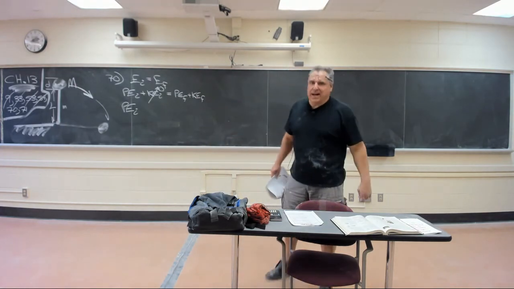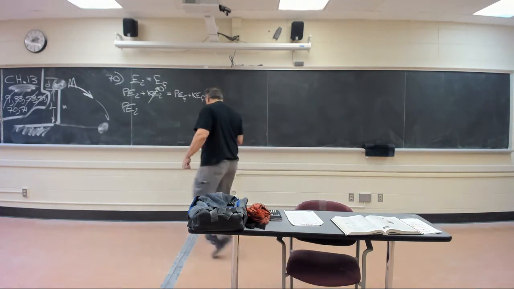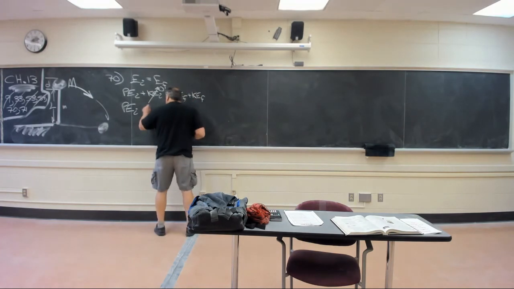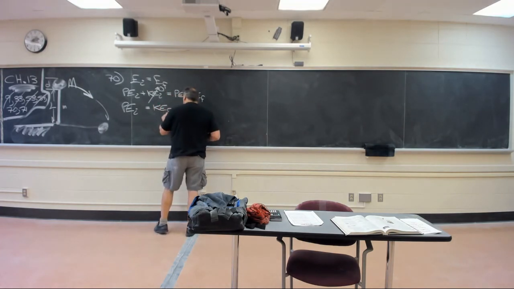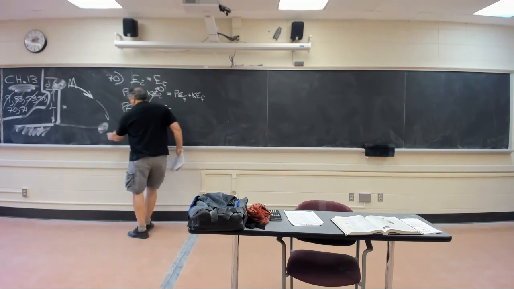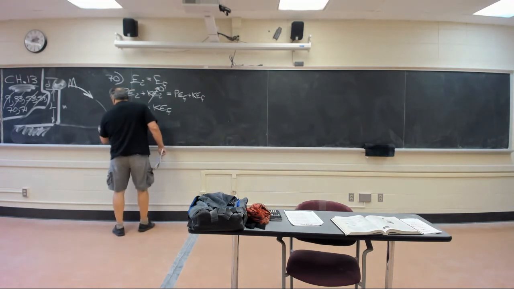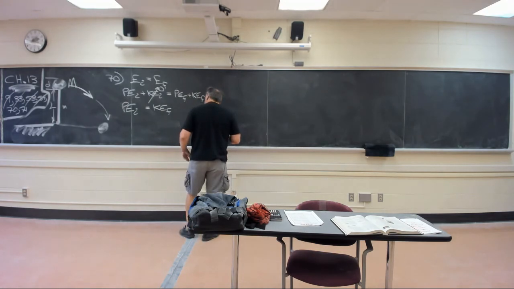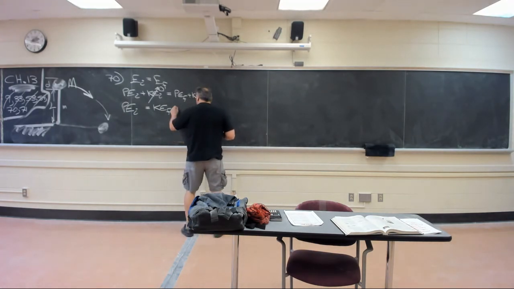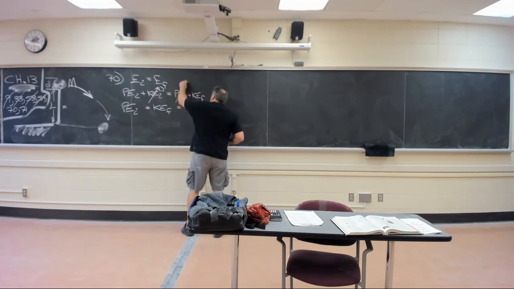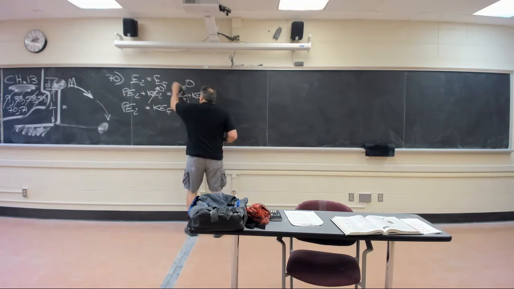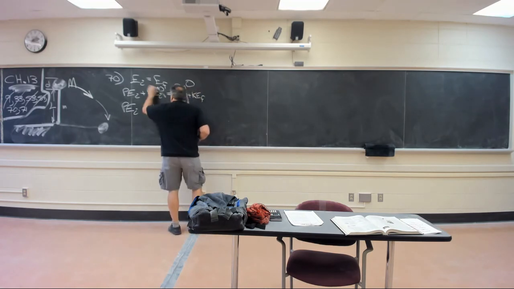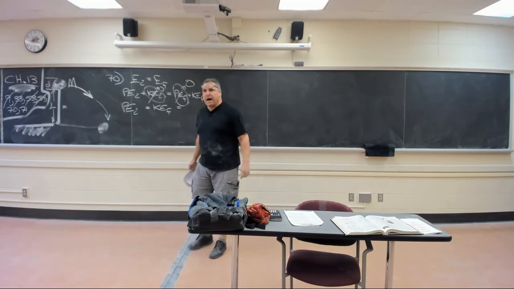So the initial potential energy is equal to the kinetic energy final. For our purposes, there's no potential energy at the very bottom, and no kinetic energy at the very top.